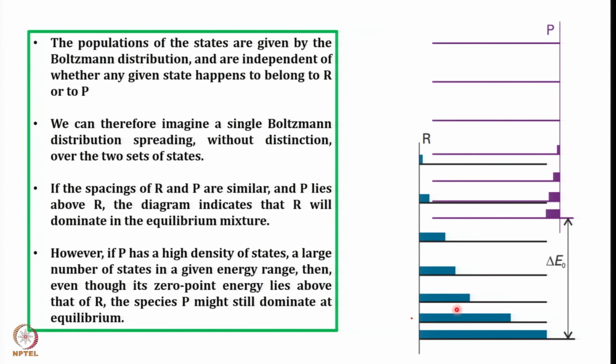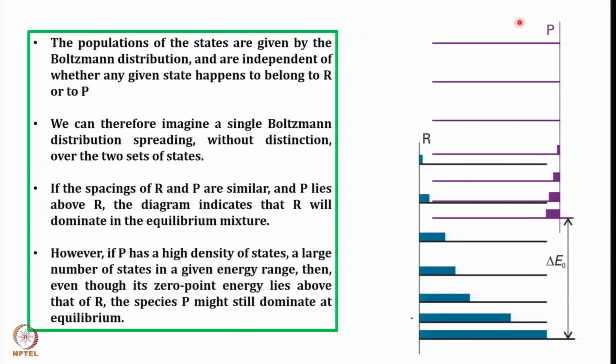Just a look at this diagram suggests that at the given temperature, if the distribution is like this, you can predict that R is going to dominate in the equilibrium mixture.